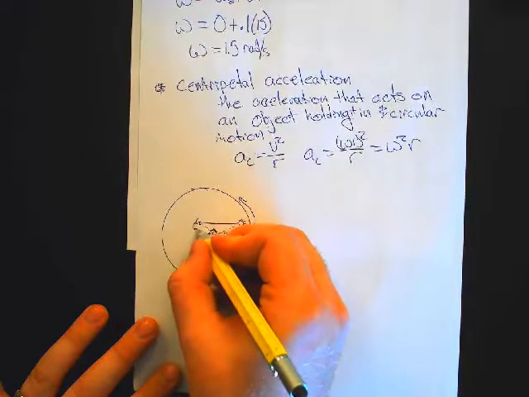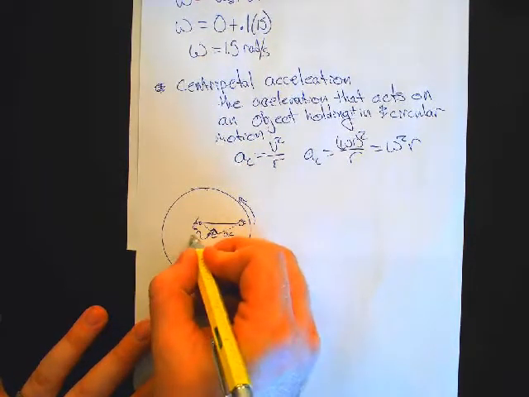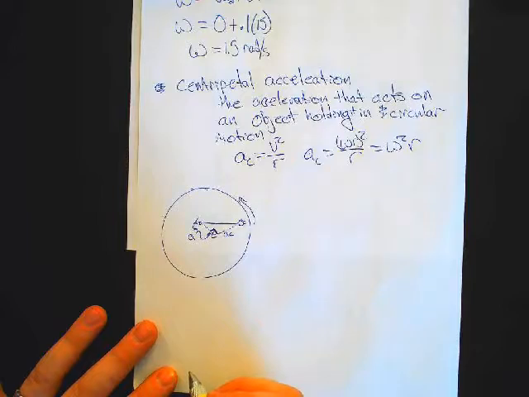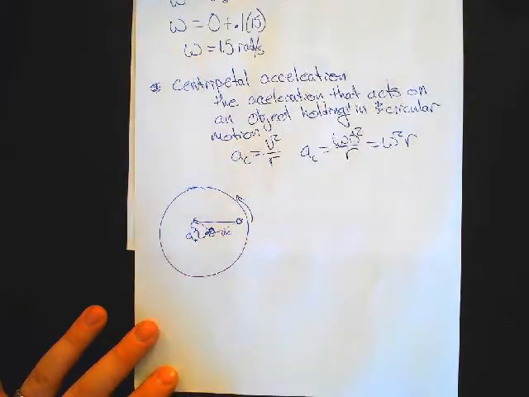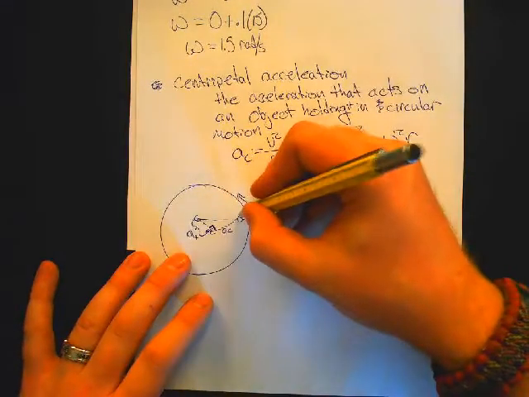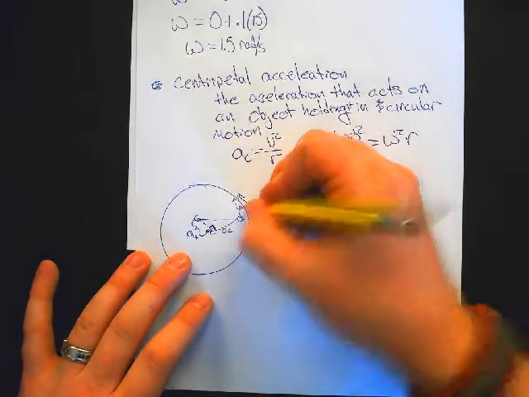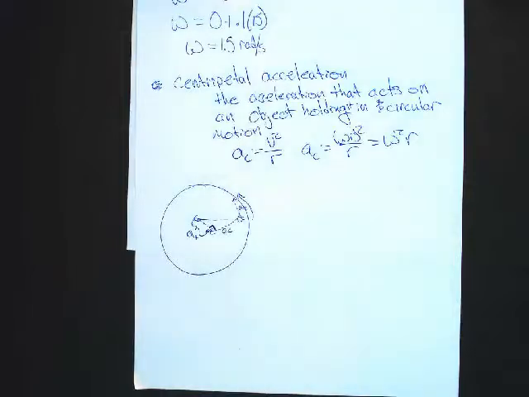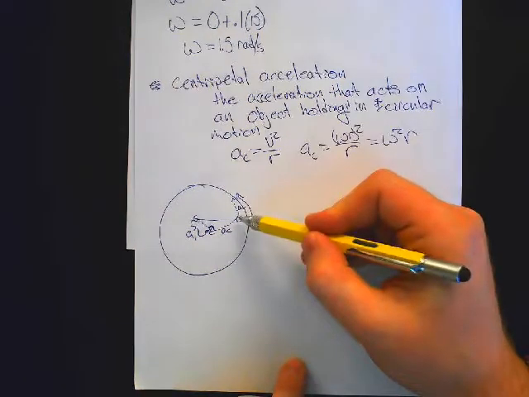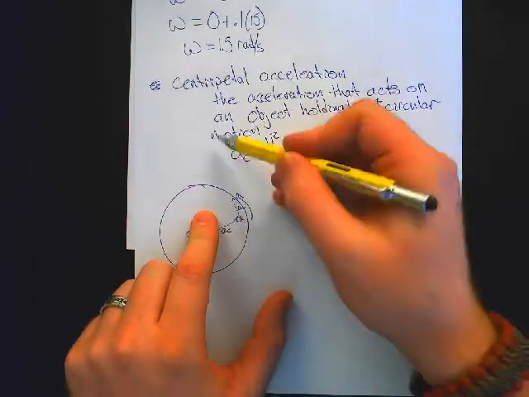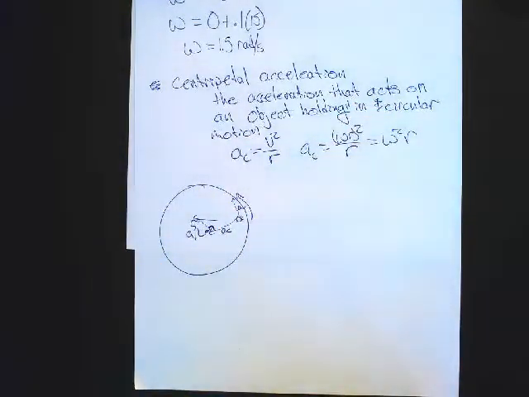Where this one here would be your straight line acceleration, or a tangential. So your acceleration this way, a_T. The idea that if you were to, at any point, just jump off the spinning disc, that would be your acceleration forward. Okay?